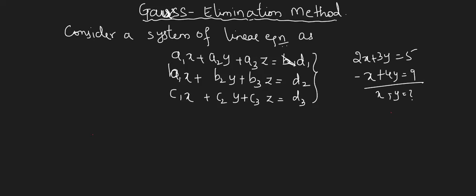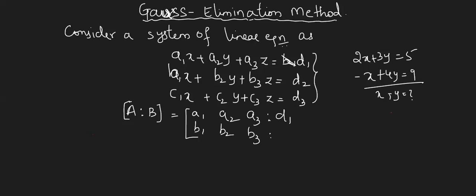So what we do is write this given system in the form [A|B]. From the first equation, you take the coefficients a1, a2, a3 and then d1. Similarly, second equation, b1, b2, b3, then d2.